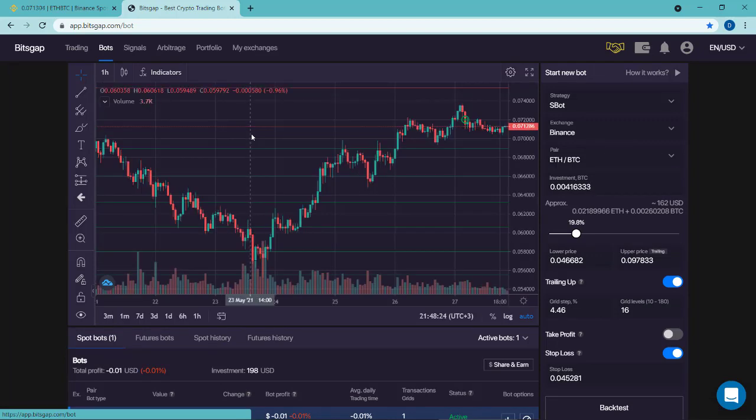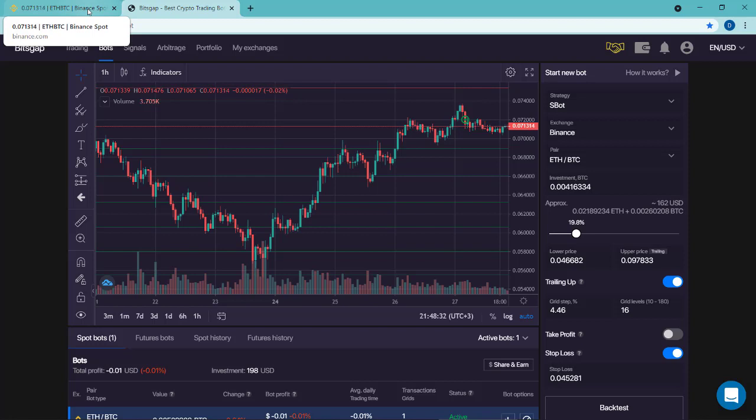And we see something very reassuring, that our money is not with Bitsgap, our money is still in our Binance account, and there's complete transparency on the way the trading bot is working. I can see the orders in the Bitsgap Trading Platform, and I can also see those orders in my Binance account.